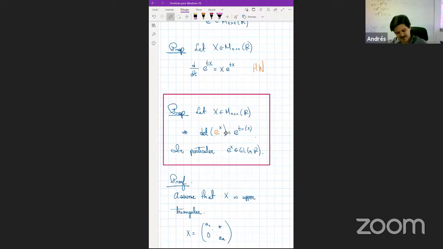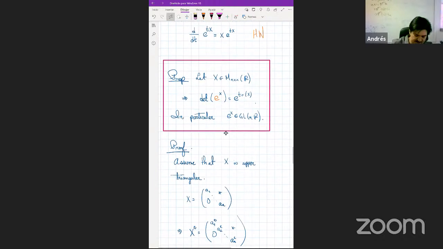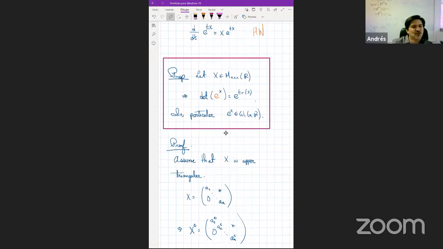Okay, so in the diagonal, I put A1, A2, up to AN, any numbers whatsoever. Below the diagonal 0 and above, whatever. Do you agree with this equation? X squared? Yes. I know what to put in the diagonal, but outside, I don't know what to put.